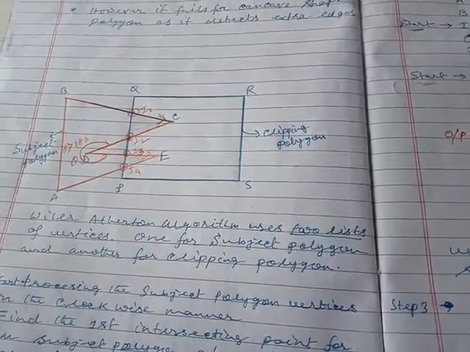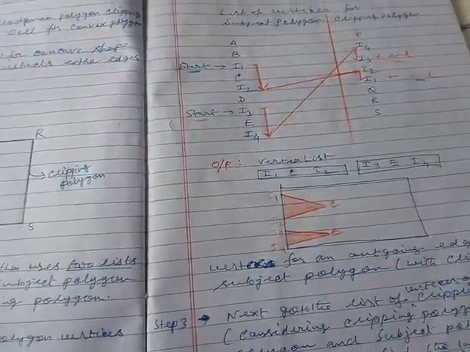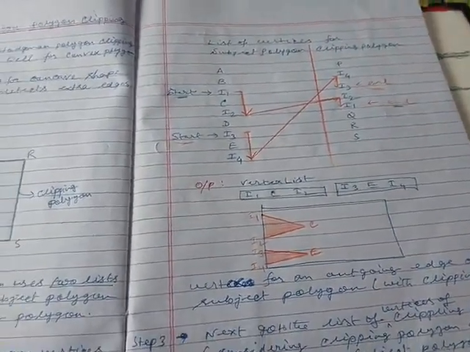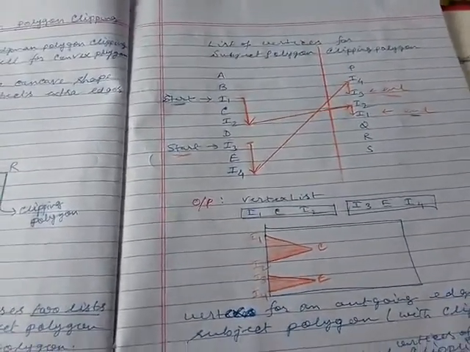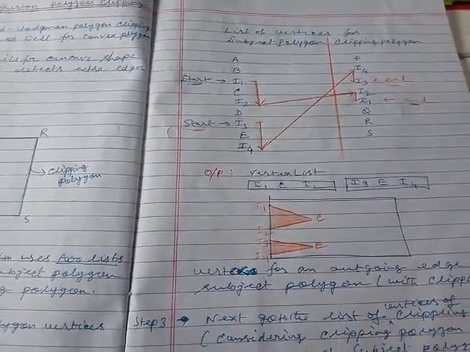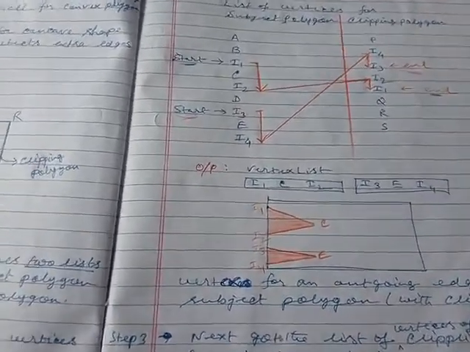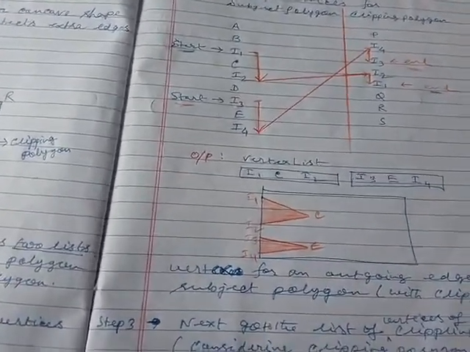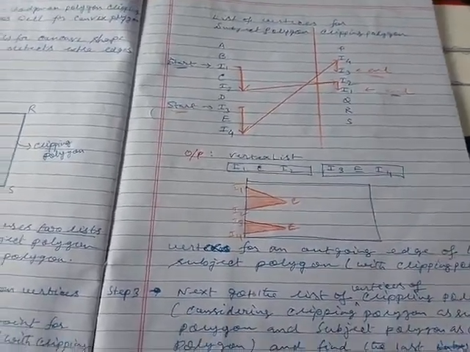Once we get that outgoing intersecting point, from there we have to scan the clipping polygon list, and from the clipping polygon list we will scan forward in the clockwise manner to find out the previous intersecting point. Once we get the previous intersecting point, we will end the sub procedure there, and the procedure repeats in this way.